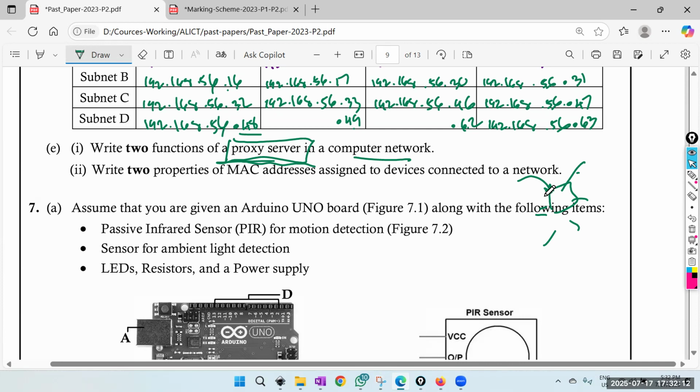Then router. Router can look at the destination IP address of your data packet and route it towards the destination, not to the destination, towards. The best path, best route. Then we have the firewall. Firewall is a security device.